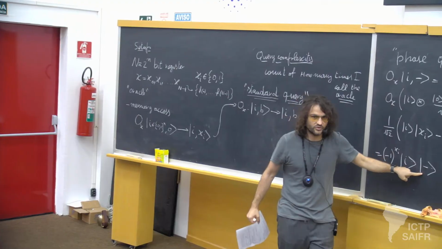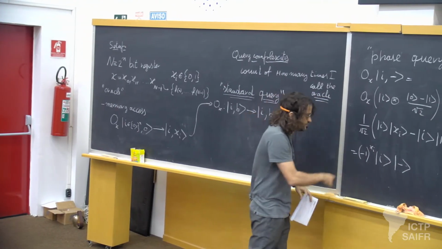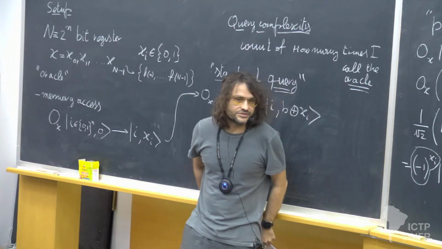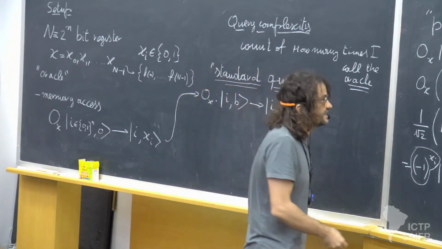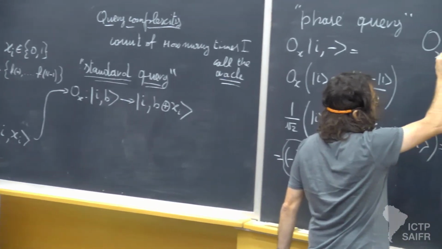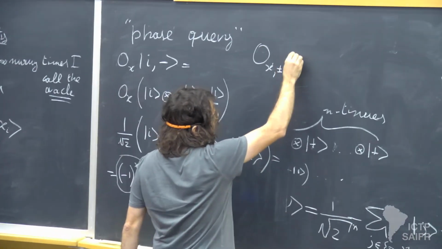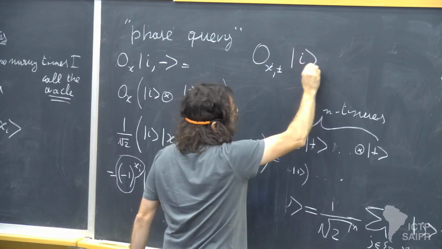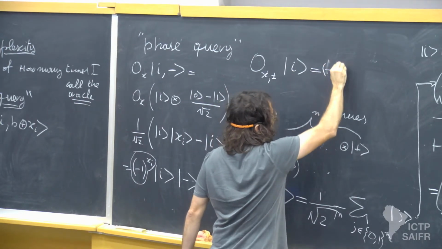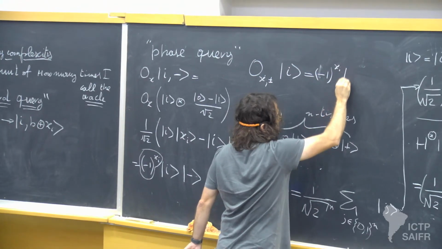So from this point of view, nothing changed, and the result of the query is now on the phase. People used to call this OX plus minus, that acting on |i> gives (minus 1) to the xi, |i>.